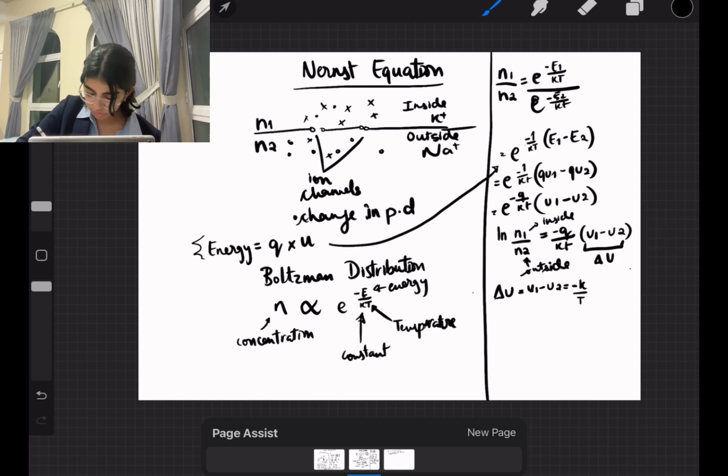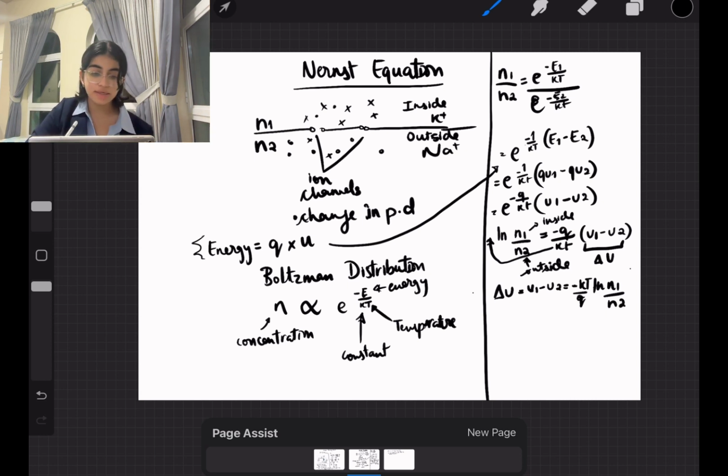So we will get kT as the numerator and minus q as the denominator. So going back, kT divided by q times ln of n1 by n2, the inside and the outside concentrations.